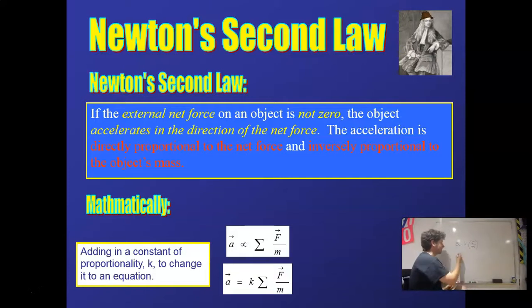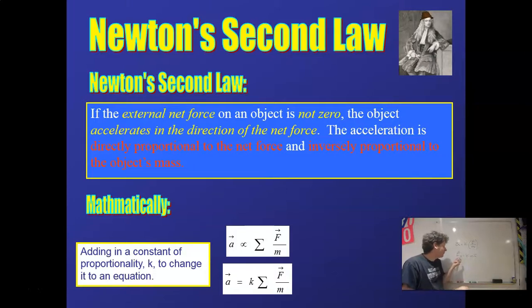Now if you rearrange this, you get F equals k m a. You might be saying, that is not the equation we did in grade 11. No, it's not. And this is why.